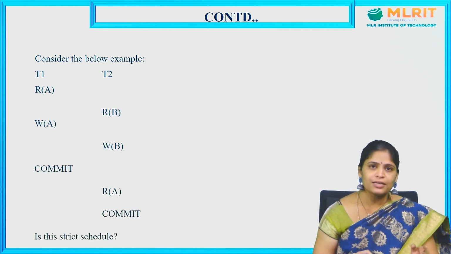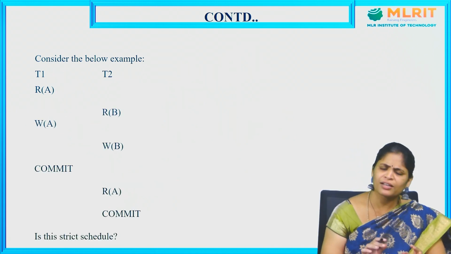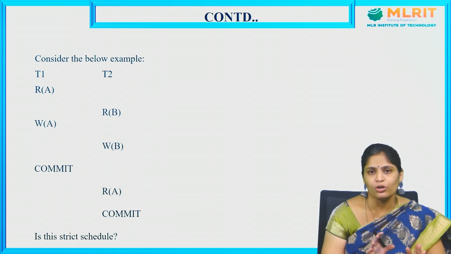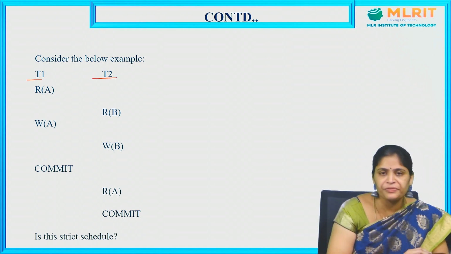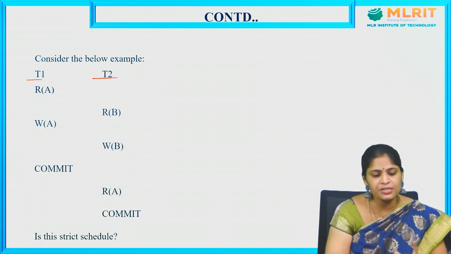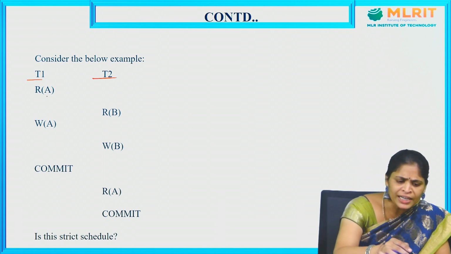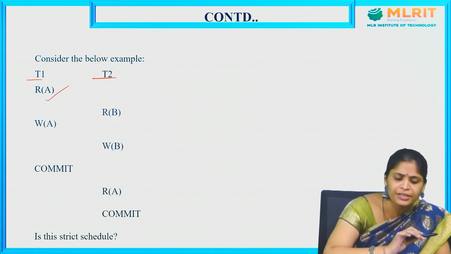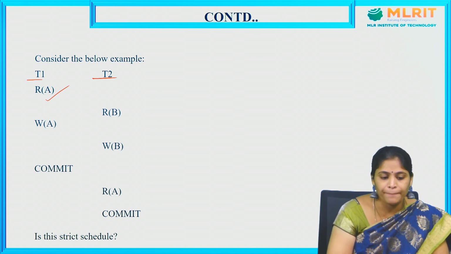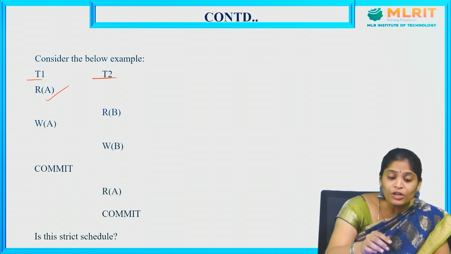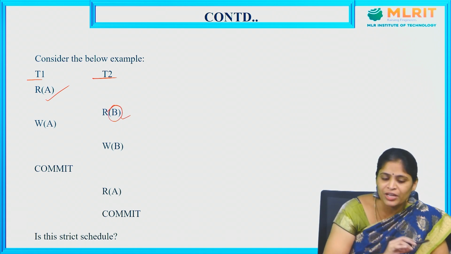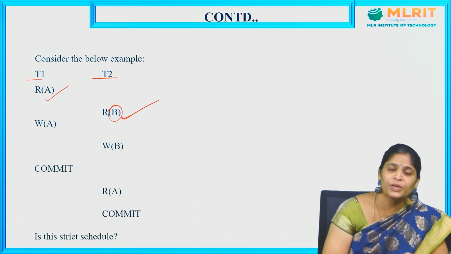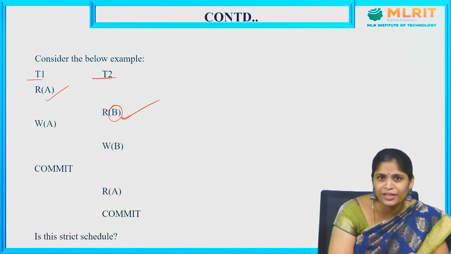So this is the strict schedule. Let us consider one more example, whether this is a strict schedule or not. Here we have two transactions T1 and T2. In T1, initially I am reading the data item A. Next, what is T2 here? T2 is doing the read operation on data item B, not A. So it will allow. Why? Because the data item is different.